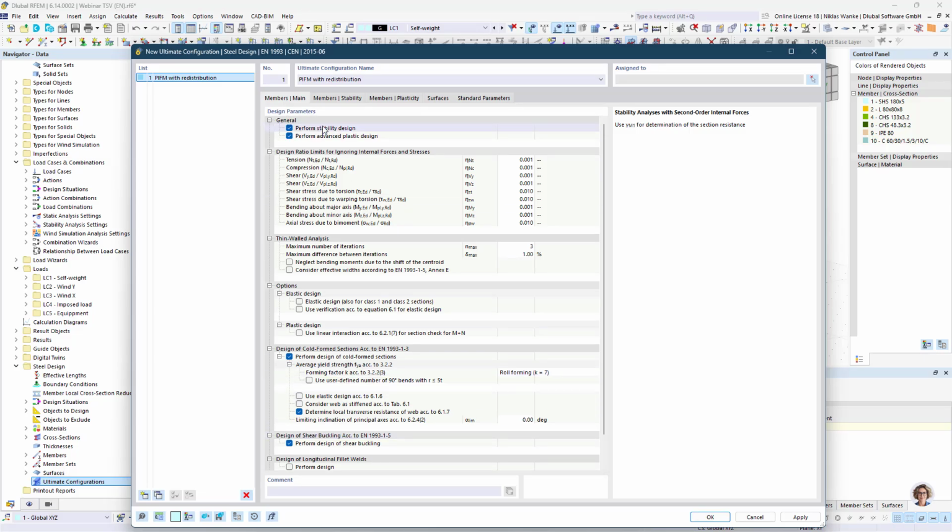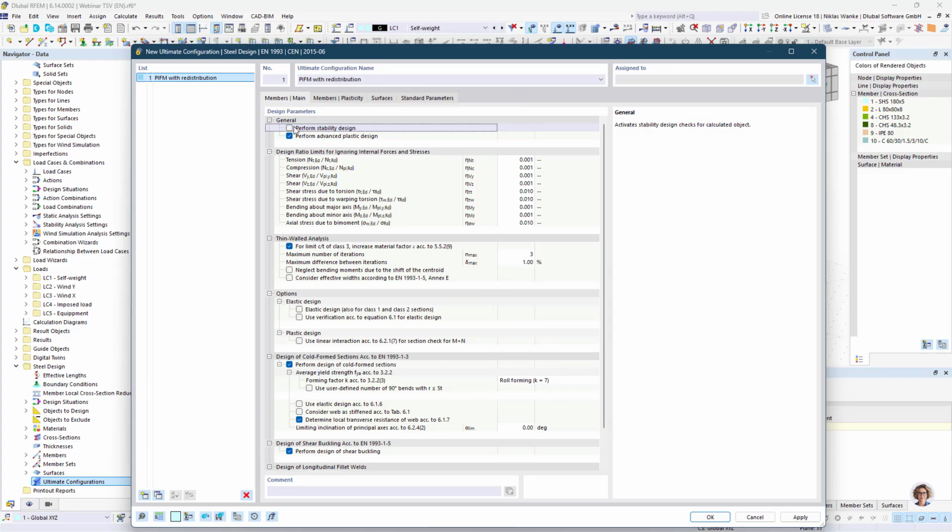So, once we have considered all these conditions, we can deactivate the checkbox perform stability design, because now we are considering stability together with the advanced plastic design. Or in general with the cross-section design checks. I think that's better to say it like this.